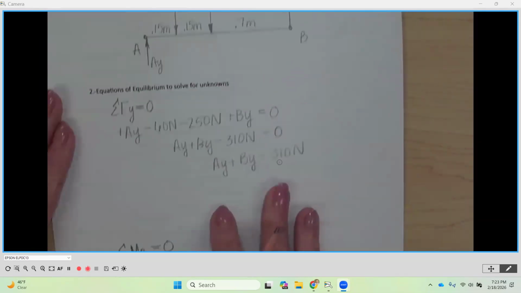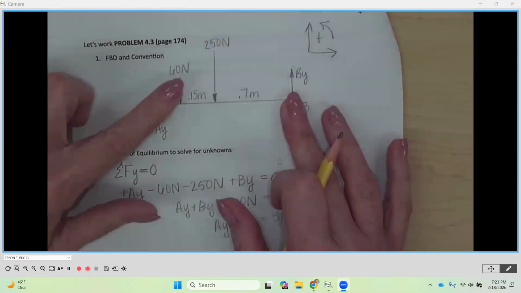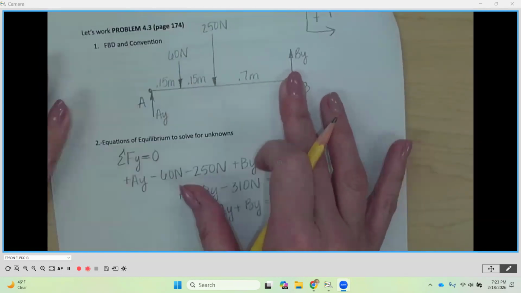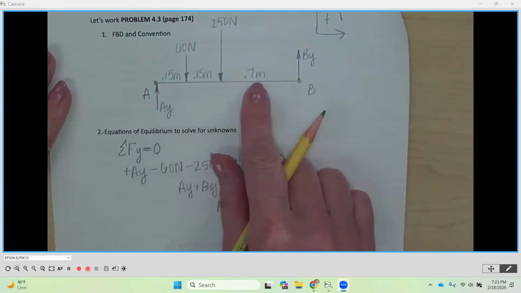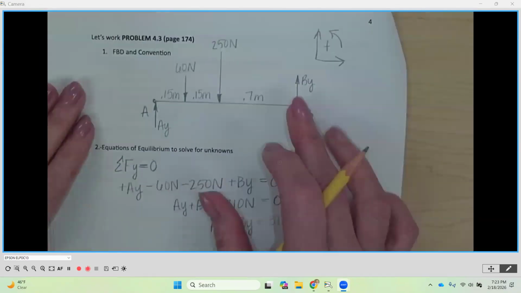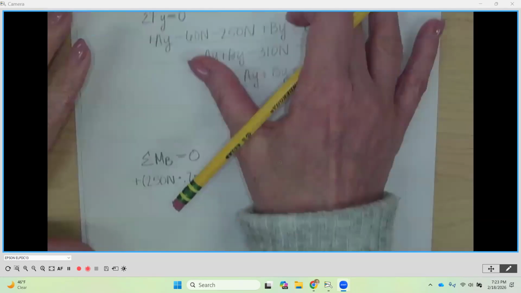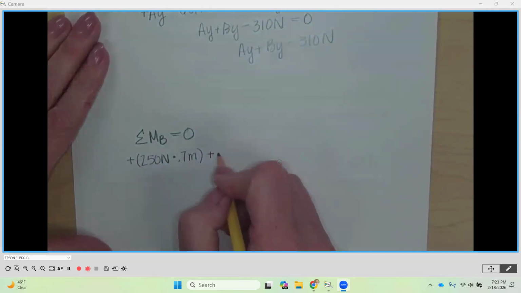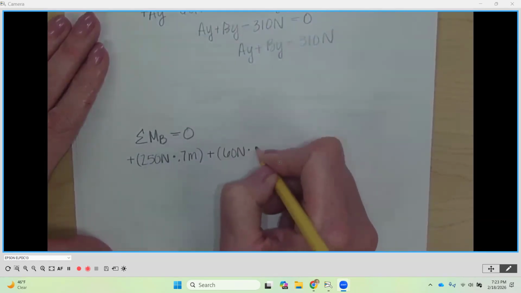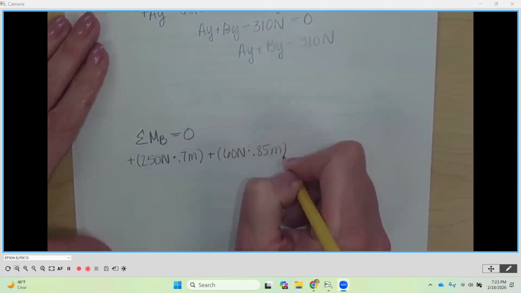Then I'm going to go back up here, B, pull in the direction of 60. 60 newtons is my force, and this time it's going to be 0.7 plus 0.15, so 0.85 meters is my distance, and it's rotating counterclockwise. So that's going to be a positive out front, 60 newtons times 0.85 meters.